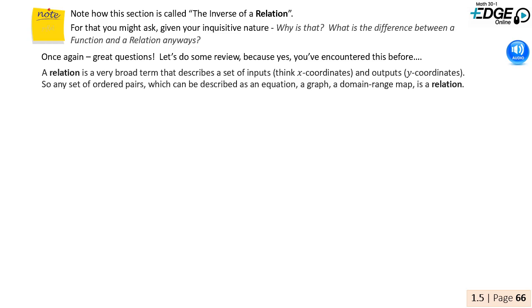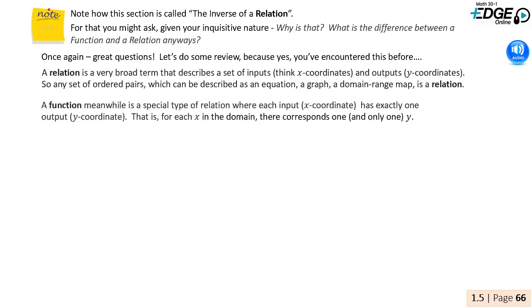This can be represented as a set of ordered pairs, an equation, a graph, an arrow diagram. These are all relations. A function is a specific type of relation in which each input corresponds to at most one output value. That is to say, there's never an x value that corresponds to 2 or more y values.